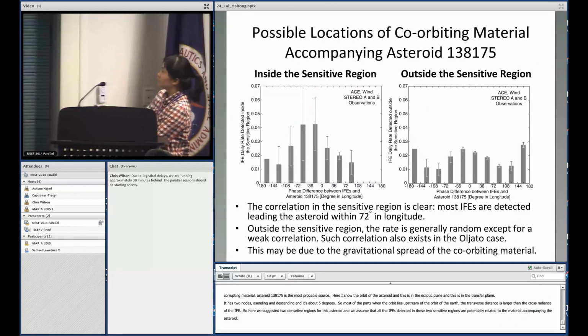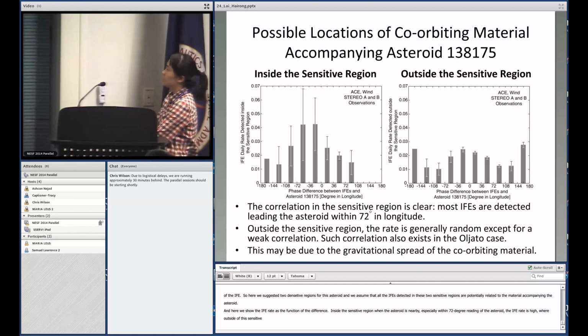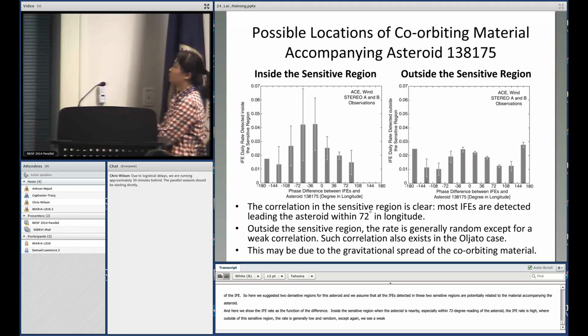And here we show the FE daily rate as a function of the phase difference. Inside the sensitive region, when the asteroid is nearby, especially within 72 degrees leading the asteroid, the FE rate is high. While outside this sensitive region, the rate is generally low and random, except again we see a weak correlation here.